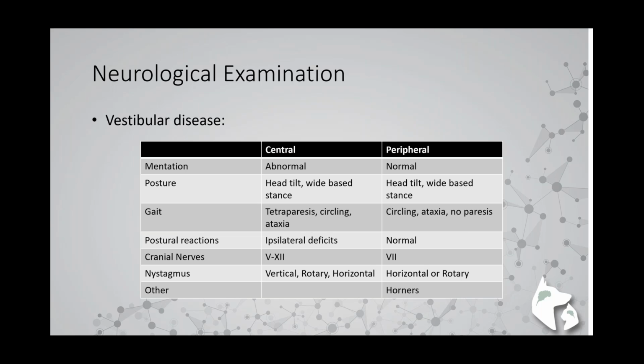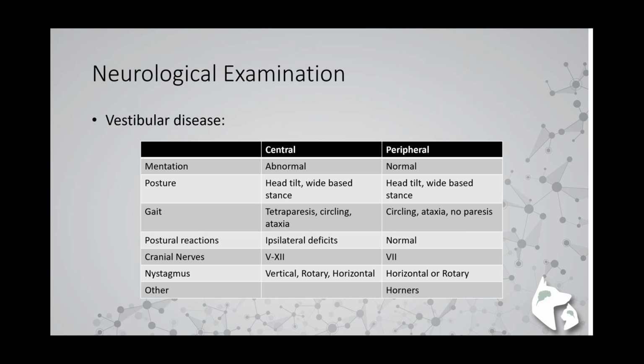These guys can have a head tilt and a wide base stance, but notice that that can also be seen in a peripheral vestibular patient. For the gait, you'll see some tetraparesis, a weakness in the limbs, which is more concerning for central involvement, but circling and ataxia we can see in both central and peripheral.